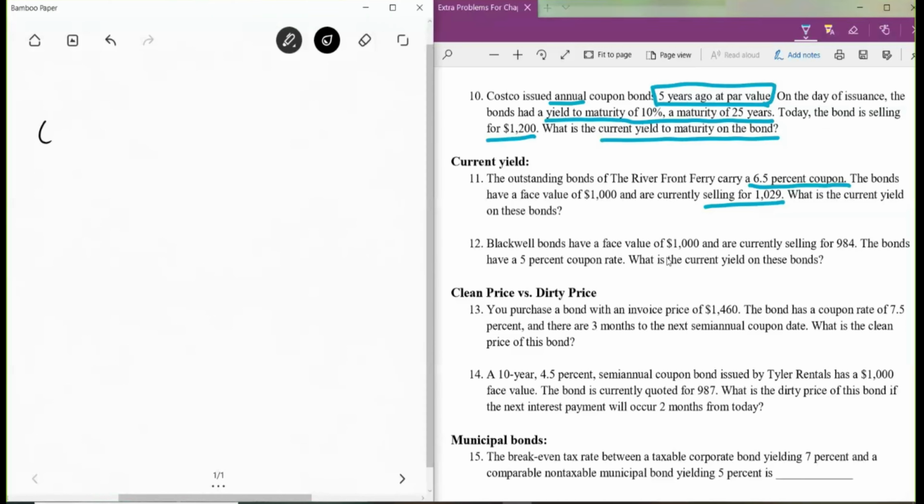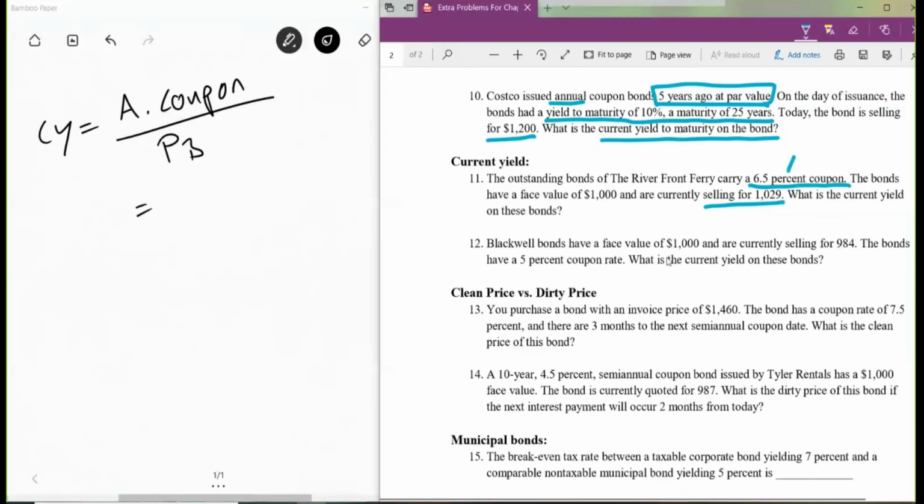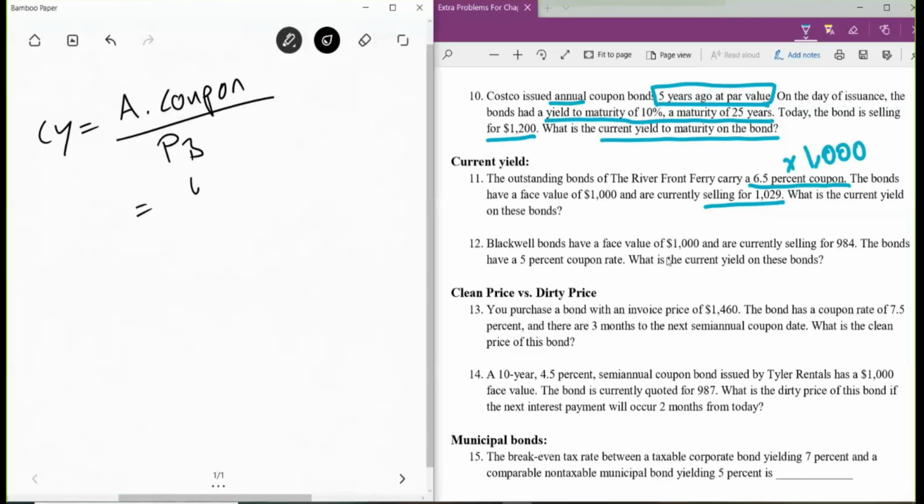Now the current yield is equal to the annual coupon divided by the price of the bond. So all the information that I need is already there. The annual coupon is 6.5% times 1,000, so the annual coupon is 65, divided by the price of the bond, 1,029.